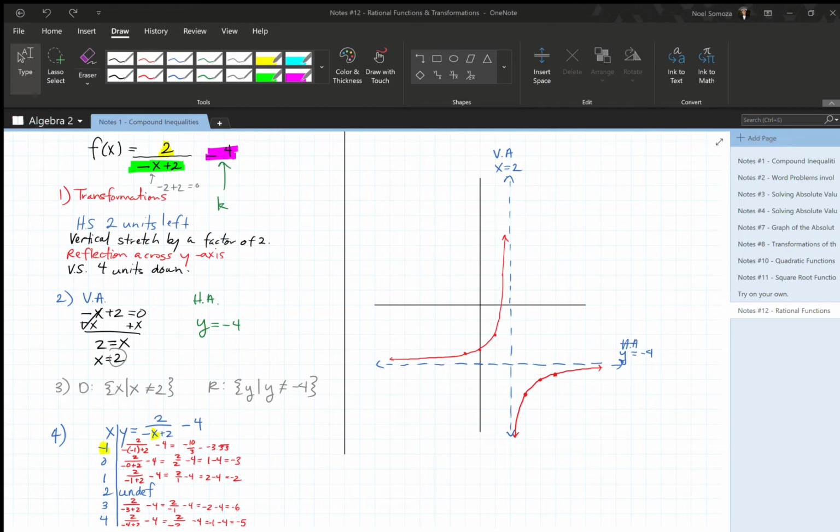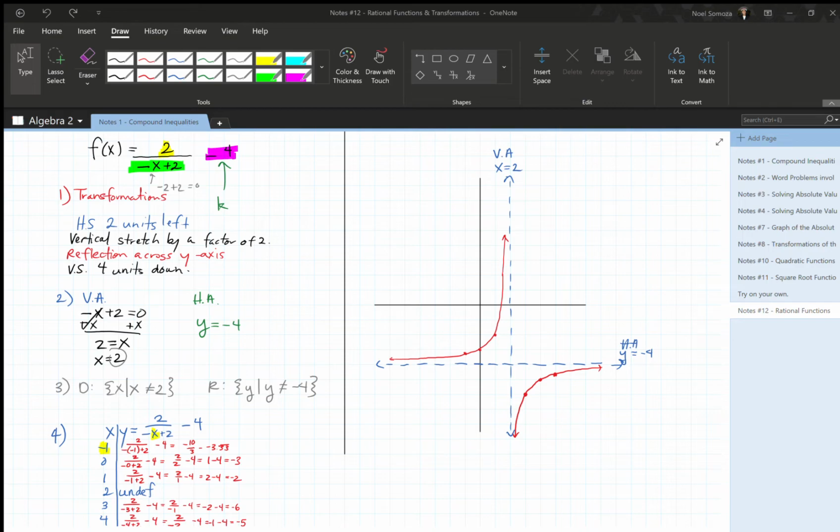I can multiply top and bottom by 3 here, so I get 1 over 3 minus 12 over 3, which is -11 over 3. So I have a y-intercept at 0, comma, -11 over 3.